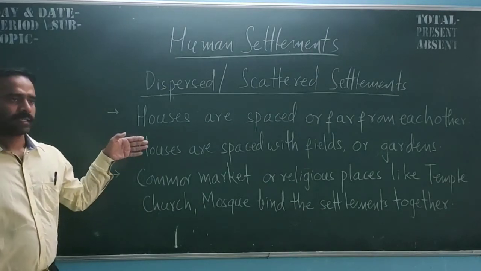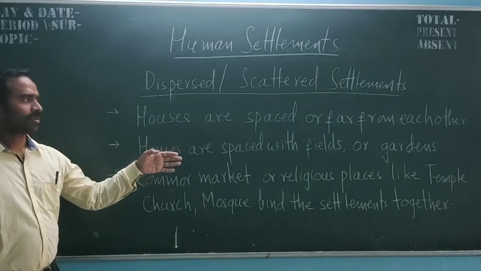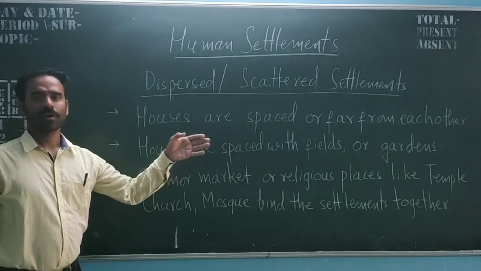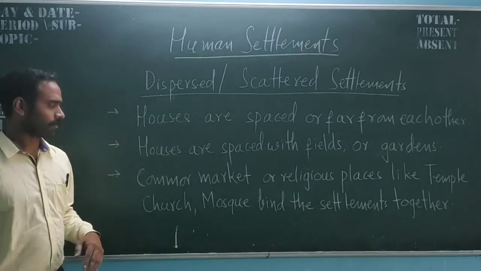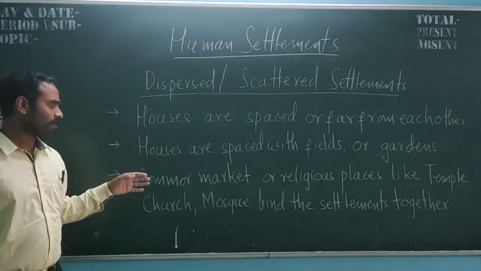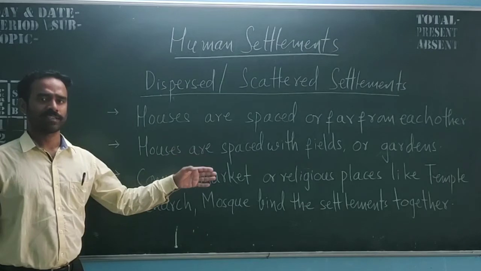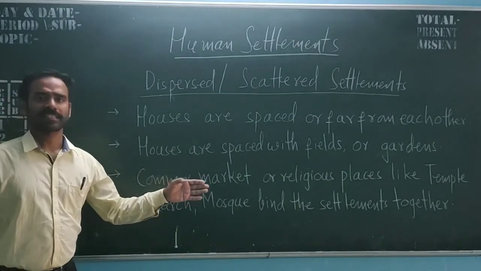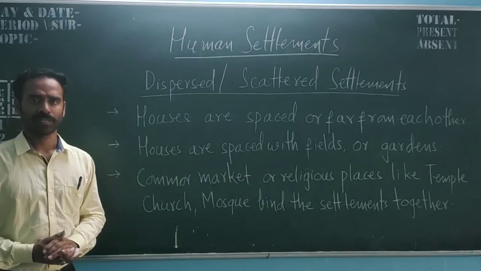In these settlements, houses are separated by fields or gardens or by some other features. A common market or religious places like a temple, church, or mosque bind the settlements together in this type of settlement.